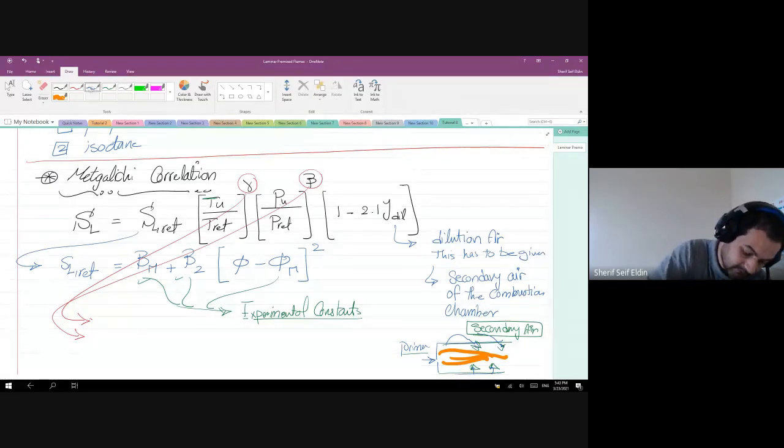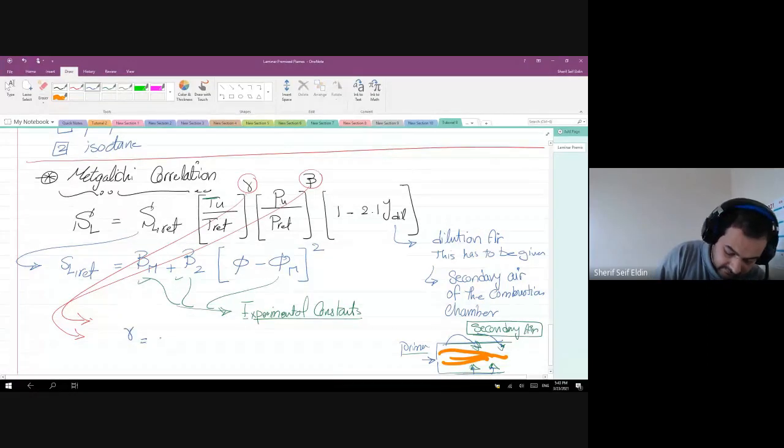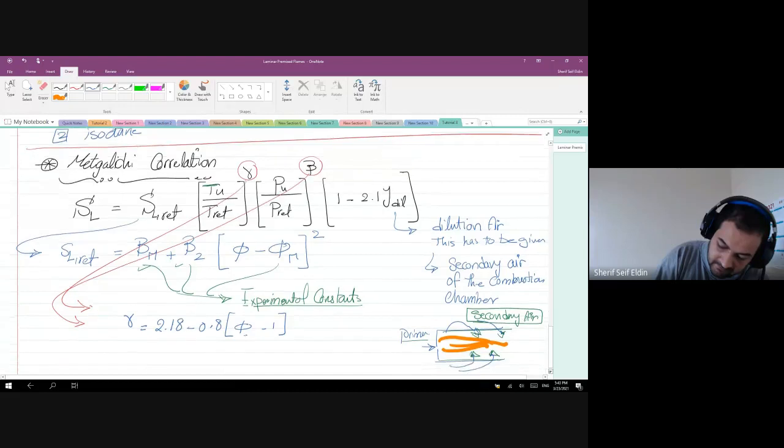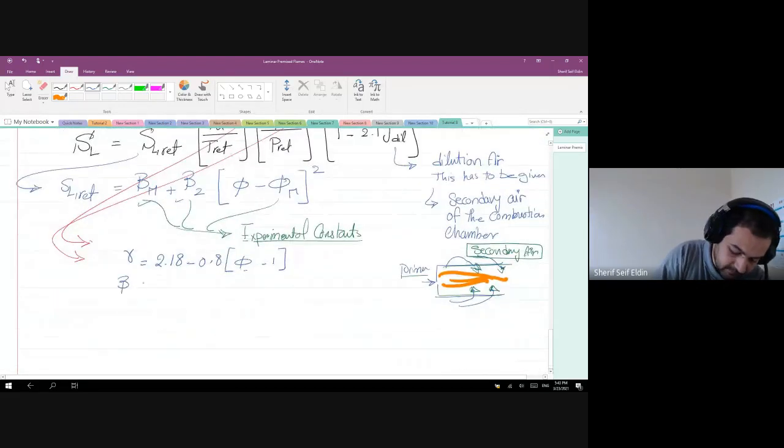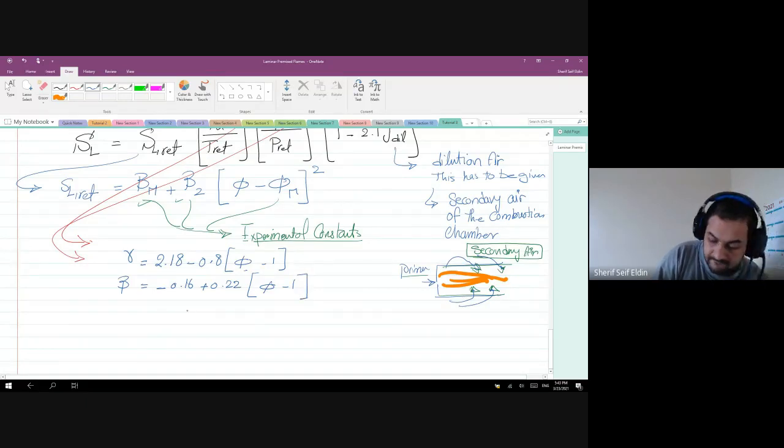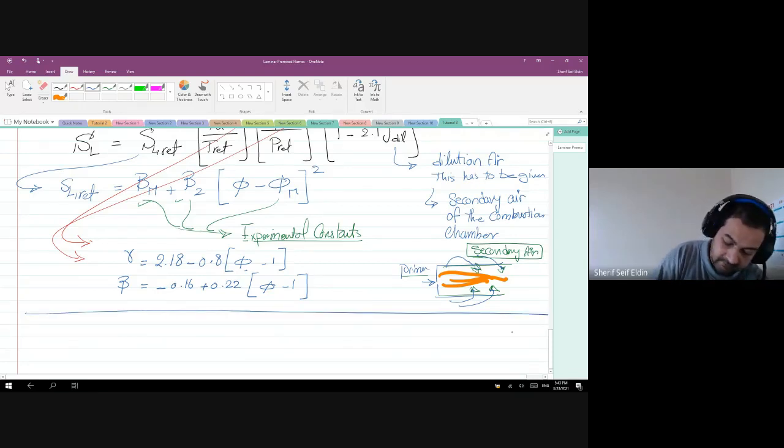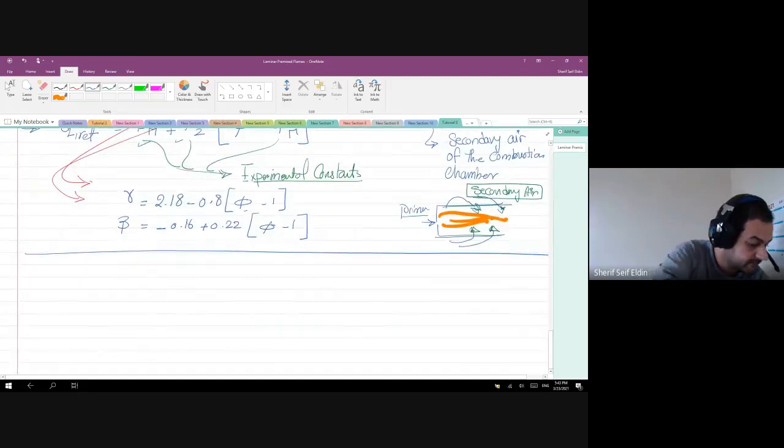Alpha is a function of the equivalence ratio, and beta as well is a function of the equivalence ratio. Right? Sounds good. So I think all set. We can apply this correlation right now.